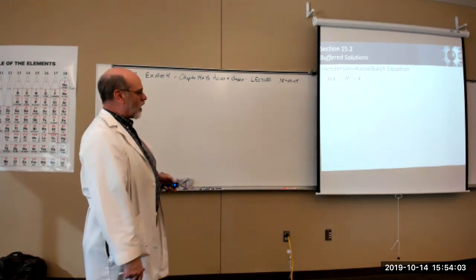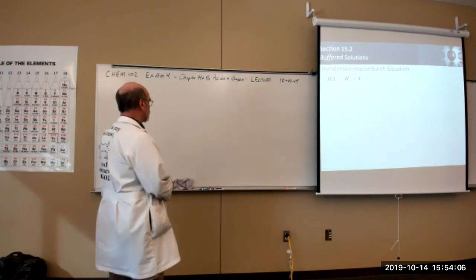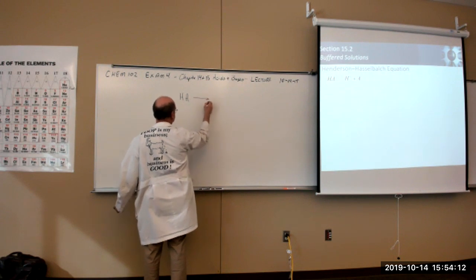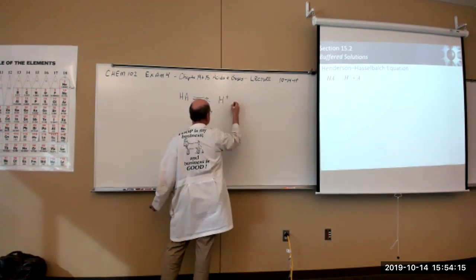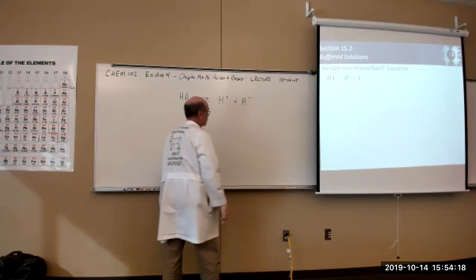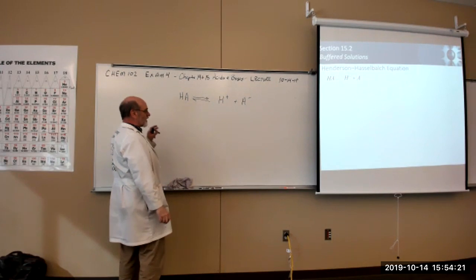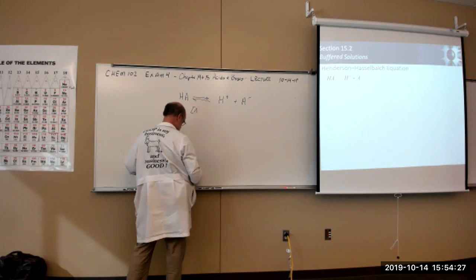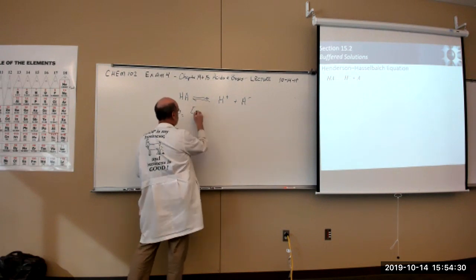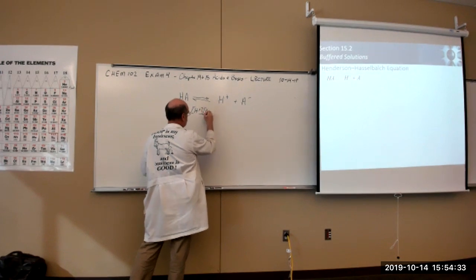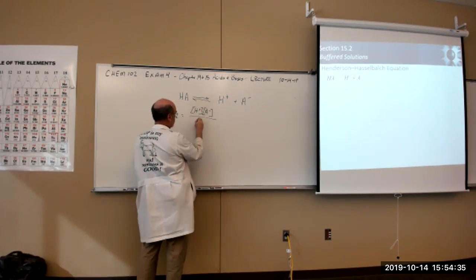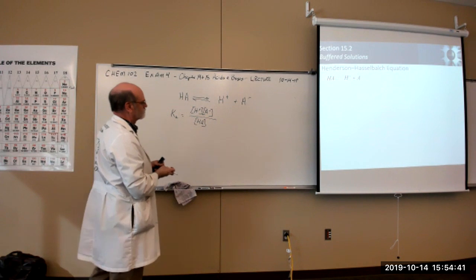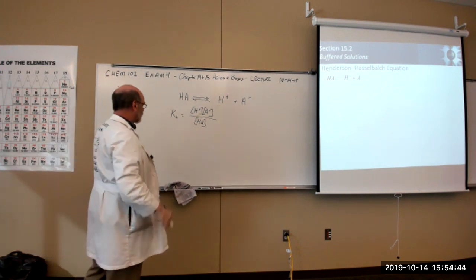Okay, so we start off deriving the Henderson-Hasselbalch equation with a weak acid. It dissociates to H plus and A minus. If we write the Ka for this one, we have the H plus and the conjugate base together, and then the undissociated acid HA in the denominator. So look what we can do with this.